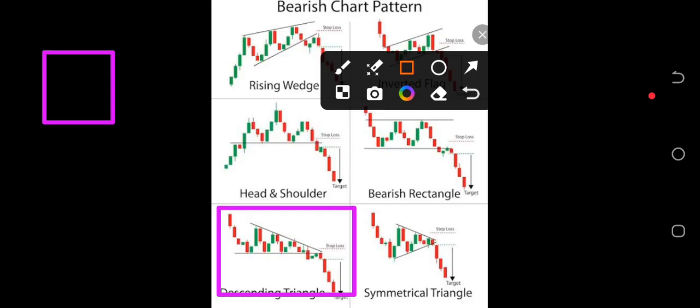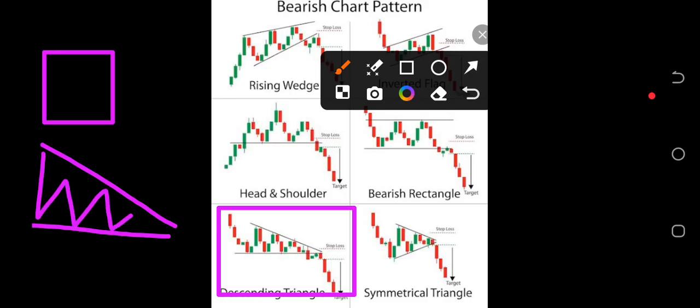Let me draw properly. You can see that this is a triangle, but it is going down. The market is moving like this, it is fading. So a breakout of the lower side will push it downwards. This is what we call a descending triangle, because it is dropping low like this.